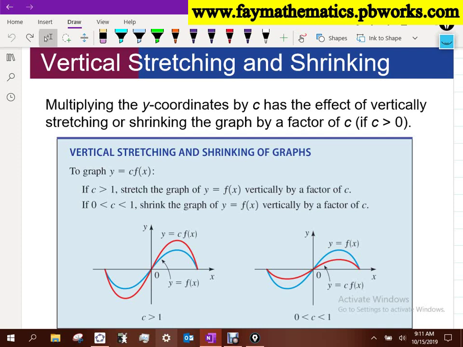Okay. Well, when we were talking about functions, we like to be more specific and say, I just want to multiply my x's by this amount, or I just want to multiply my y's by this amount. I don't want to do it to both. Okay? So this allows us to multiply just the y's by some amount.